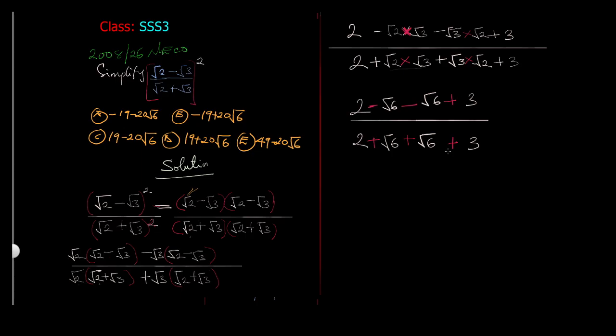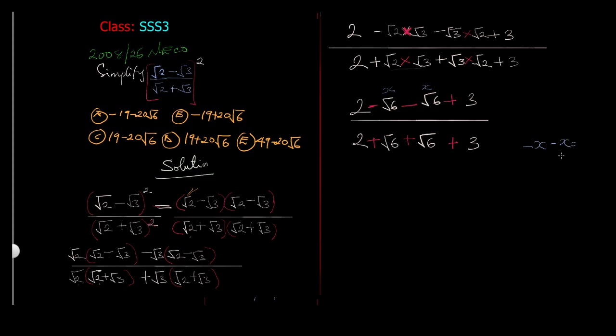We should be having our answer right now. Now, there's something I want you to look at. I want you to consider this square root of 6 as x. So minus x would give you what?